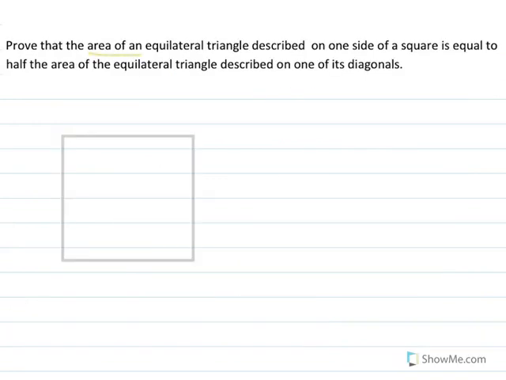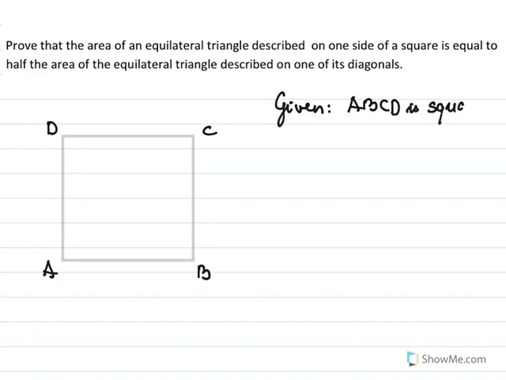Prove that the area of an equilateral triangle described on one side of the square is equal to half the area of the equilateral triangle described on one of its diagonals. So here we have a square and we'll name it A, B, C, D. So let's write given: ABCD is a square, all sides equal.